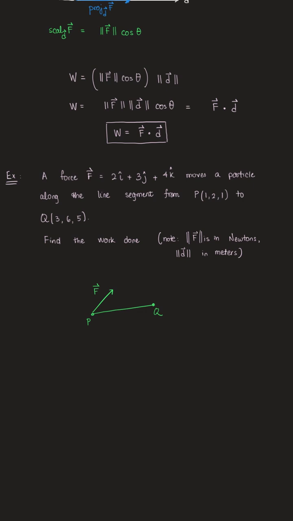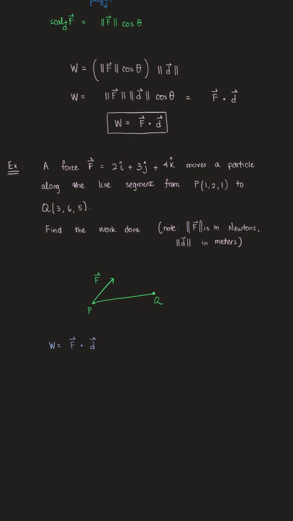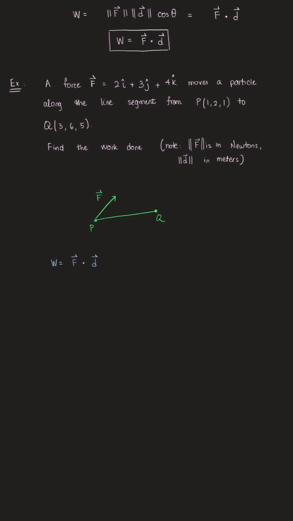We know that work is defined as the dot product of our force vector and the direction vector. And here D is going to be our vector from P to Q. So to find D, we need vector PQ. And we know how to compute vector PQ if we know the coordinates of P and Q. We will do that by subtracting corresponding coordinates.